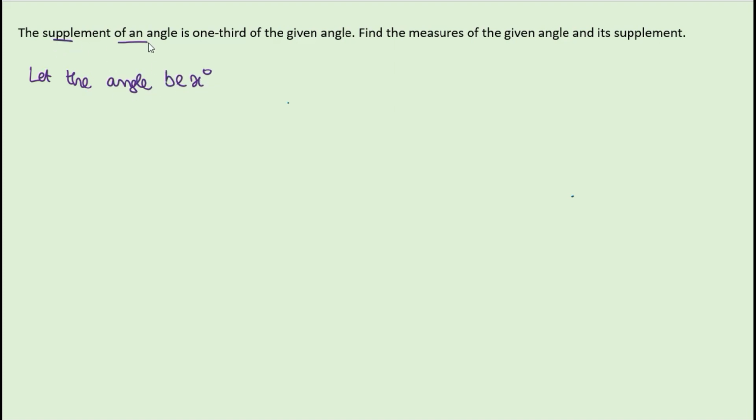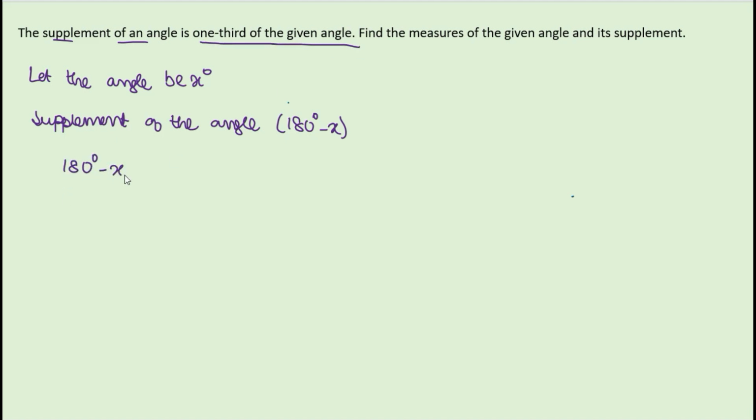What is given here? The supplement of the angle is 180 degree minus x. So the supplement of an angle is 1/3 of the given angle. So write the supplement of the angle equal to 1/3 of the given angle.